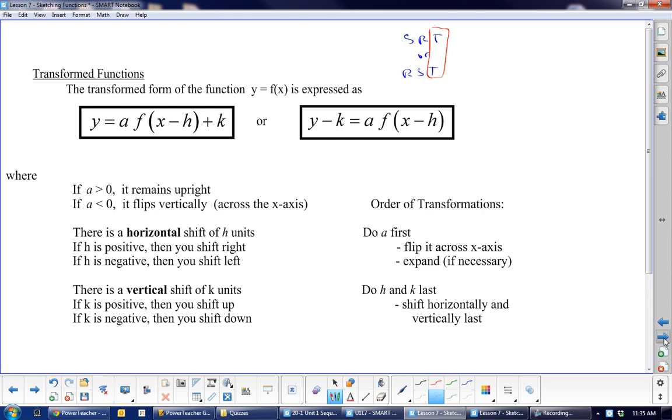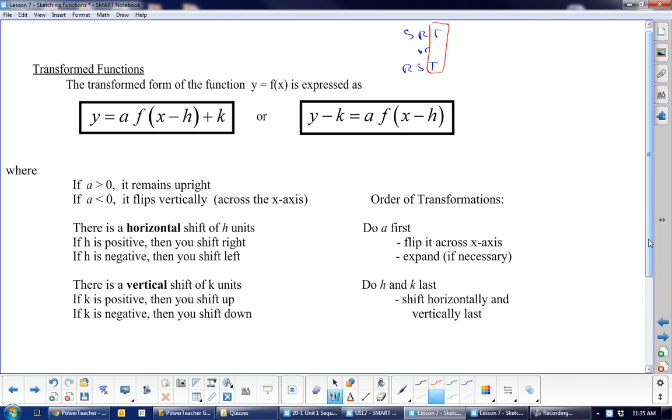So this A here, on both of these, who's this A belong to? Belongs to the y's, right?